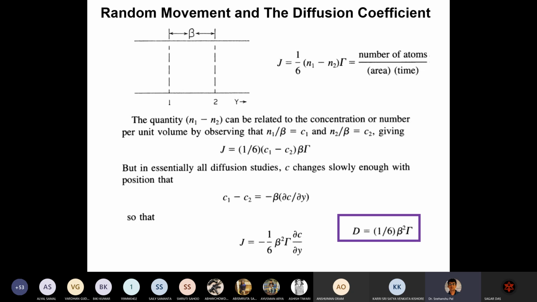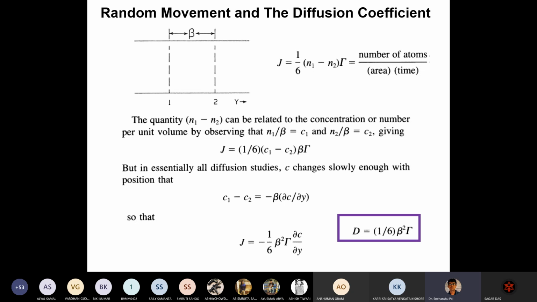Now let there be n1 diffusing atoms per unit area in plane 1 and n2 in plane 2. If each atom jumps an average of tau times per second, the number of atoms in plane 1 that jump in a short period dt is n1 tau dt. It is very easy to understand. And assuming the jump frequency is the same in all orthogonal directions, 1/6 of atoms will go to the right to plane 2.